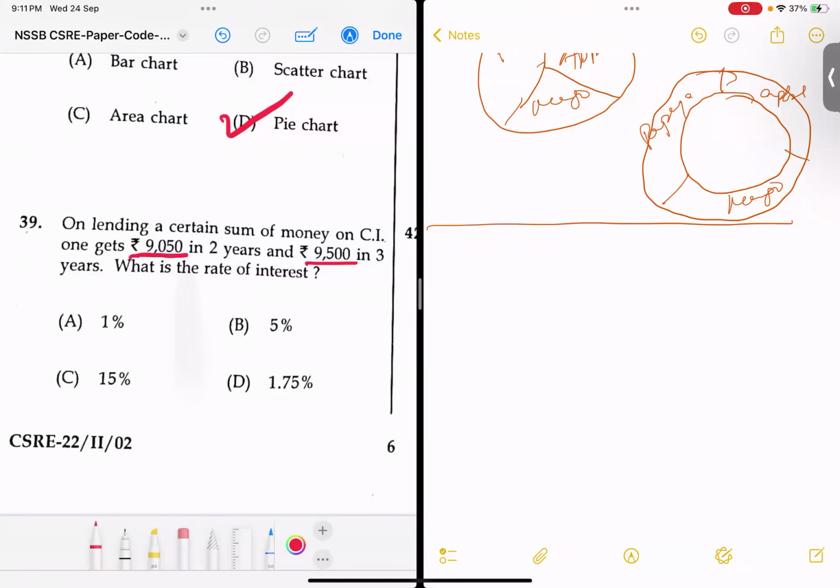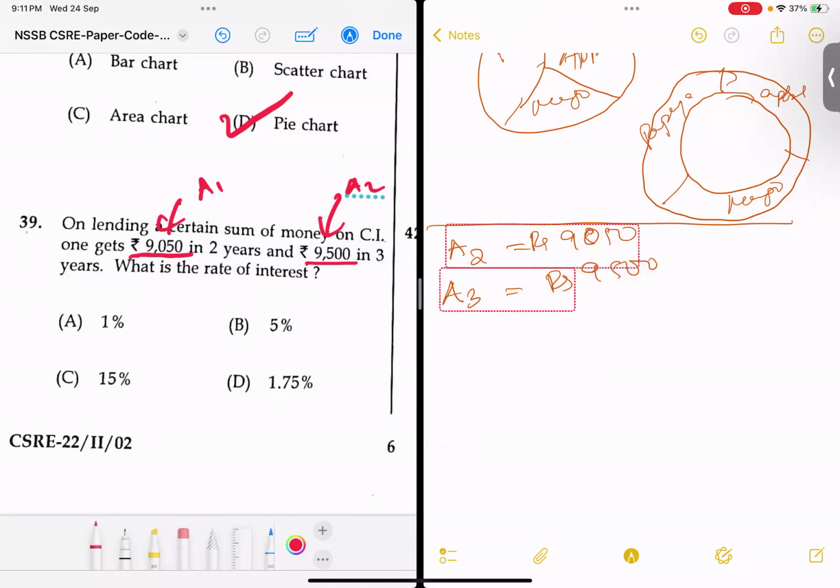So this 9,050 is nothing but the amount, okay? So consider the amount that we get in 2 years. How much is it? 9,050 rupees, right? And the amount that we get after 3 years is rupees 9,500, okay? Now, if you subtract these two, you'll get the simple interest, okay?